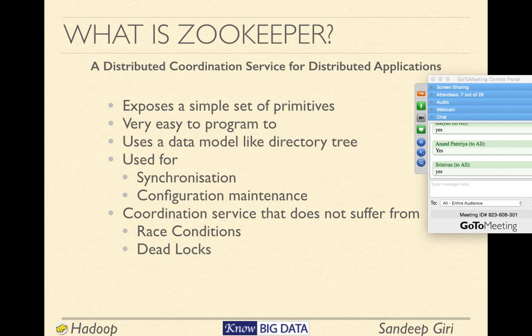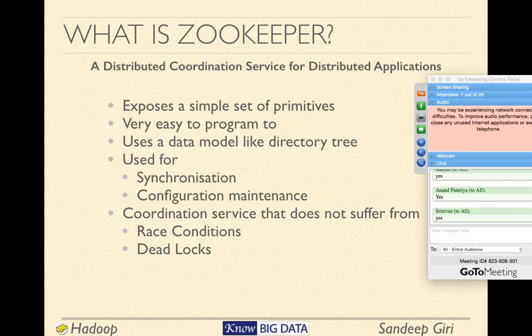All right. So those heavily distributed applications can utilize Zookeeper for coordination amongst them. And who uses this? HBase uses Zookeeper. If you remember, the coordination between region servers, and between region servers and the HBase master, happens through Zookeeper.